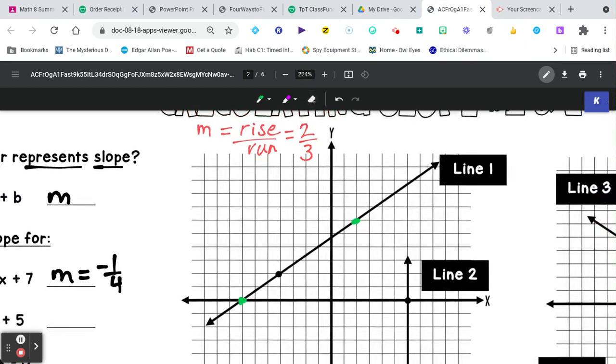So suppose I would have chosen something like that. So my rise would be 1, 2, 3, 4, 5, 6. I have a rise of 6. And I will run to the right 1, 2, 3, 4, 5, 6, 7, 8, 9.